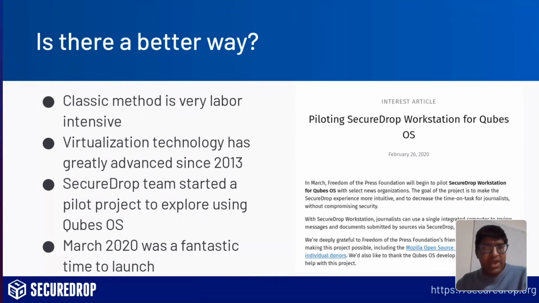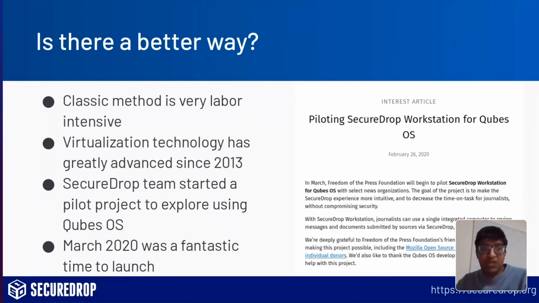But we looked at it and thought, is there a better way? The classic method is pretty labor intensive, having to copy over and manually decrypt every single submission that you receive. On the other hand, virtualization technology has greatly advanced since the project was started in 2013.